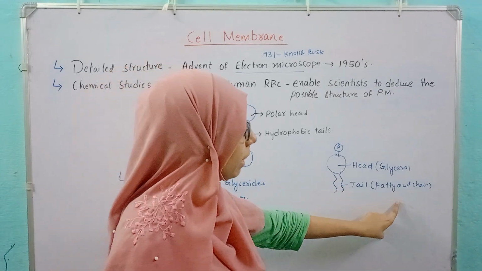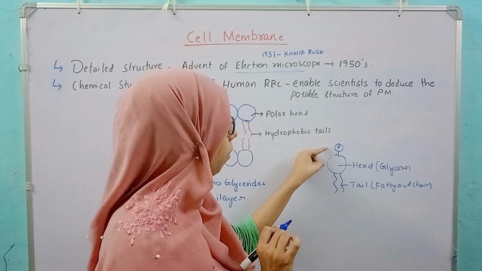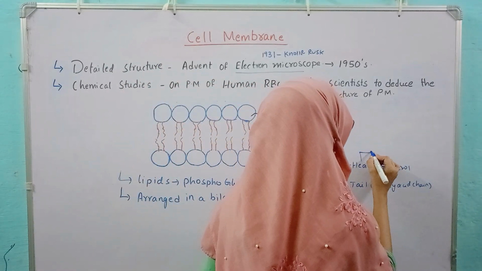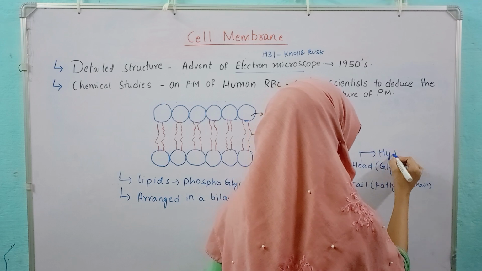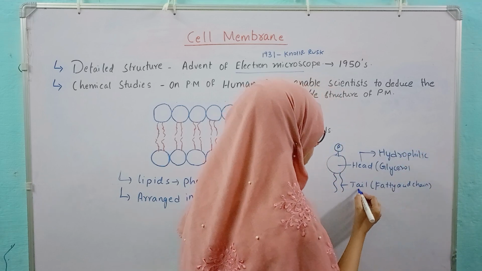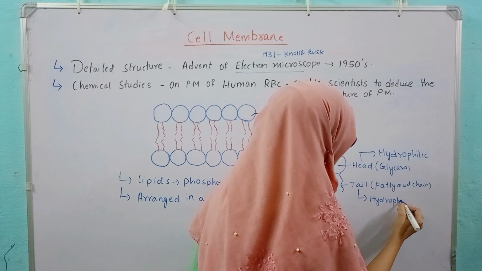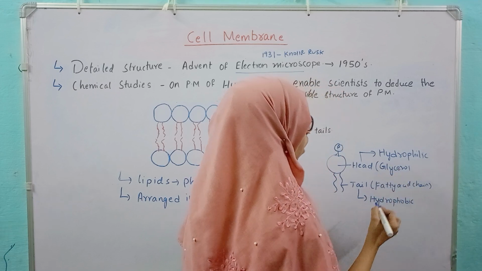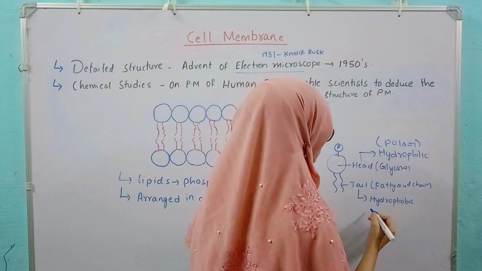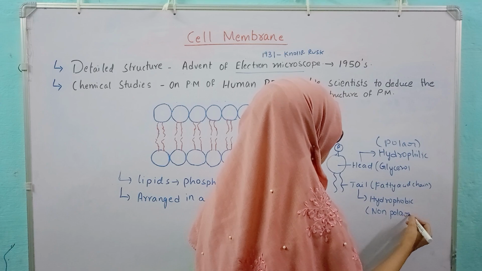The head is hydrophilic in nature. Hydrophilic means water loving, whereas the tail is hydrophobic, meaning water hating. The head is polar, whereas the tail is non-polar, made up of fatty acid chains.